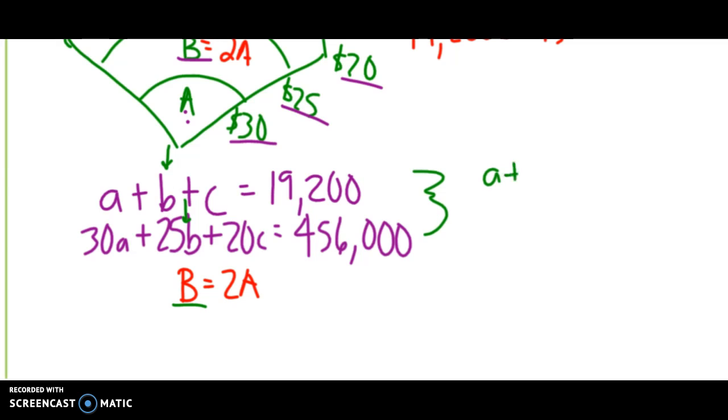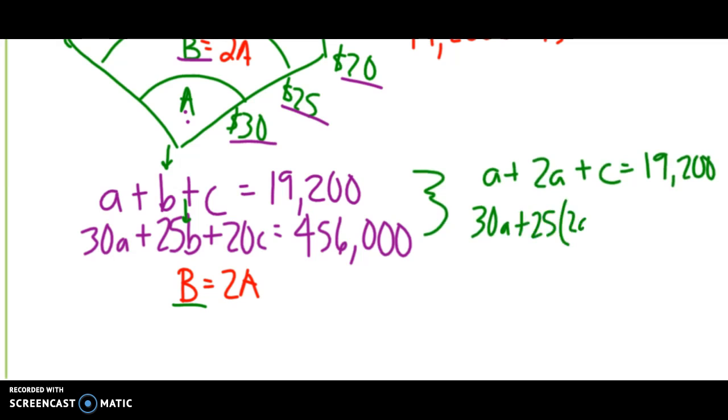A plus 2a plus c equals 19,200. And then down here, 30a plus 25 times 2a plus 20c is going to be equal to the $46,000, right?